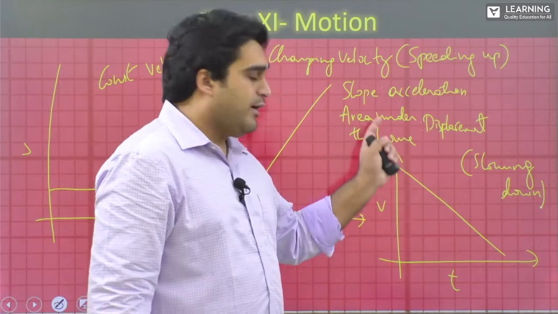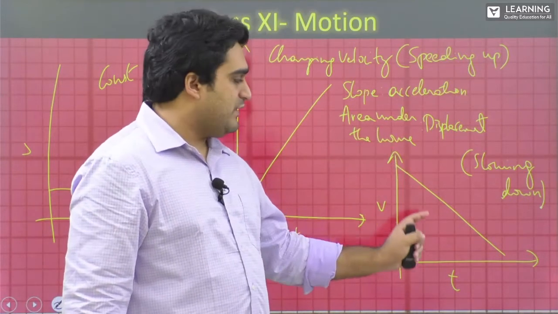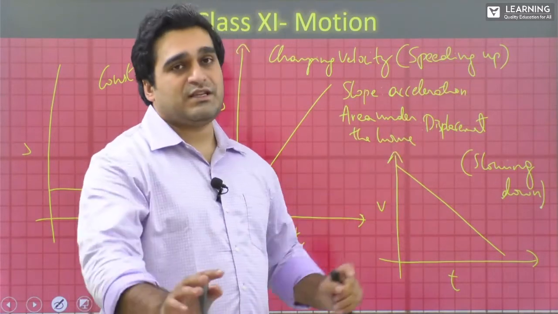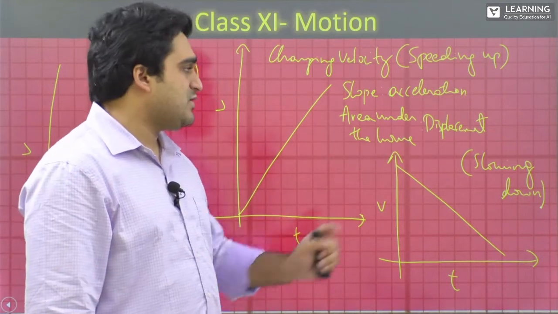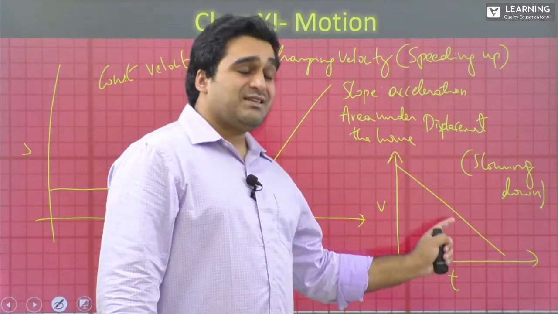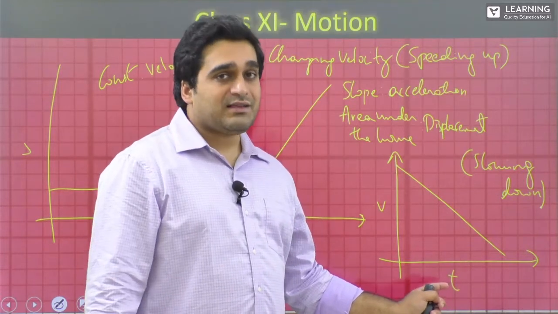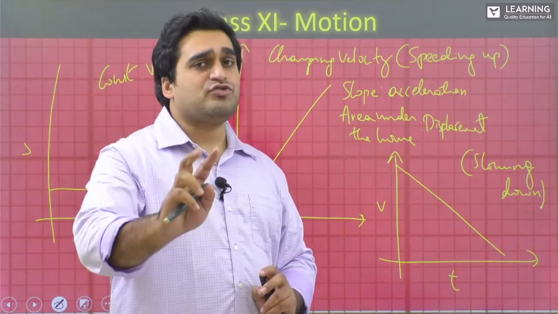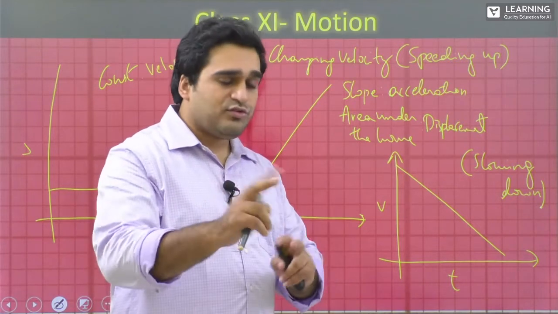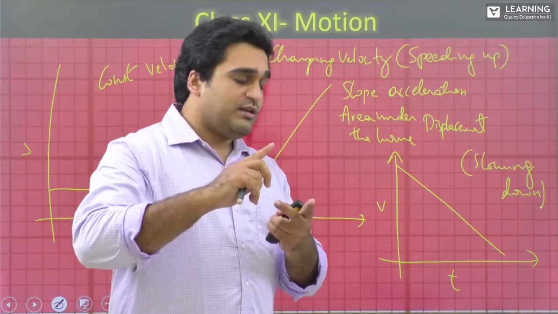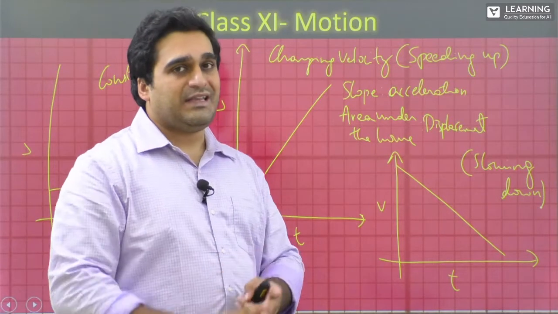Finding the slope and also the area under the curve gives the same 2 physical quantities, acceleration and displacement. But since the object is slowing down, we no longer call it an acceleration. Rather, we use 2 words, and you can use one of them: retardation or deceleration.